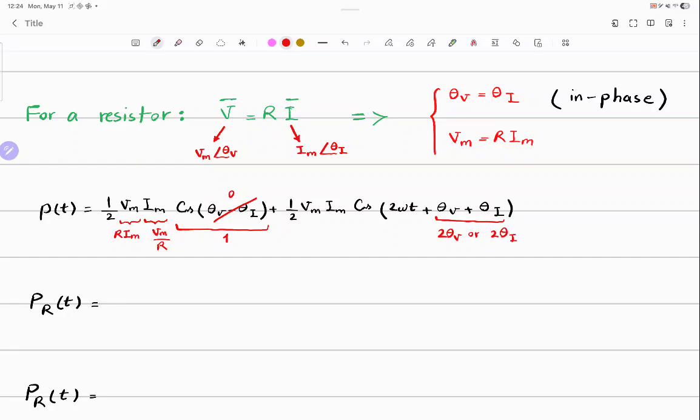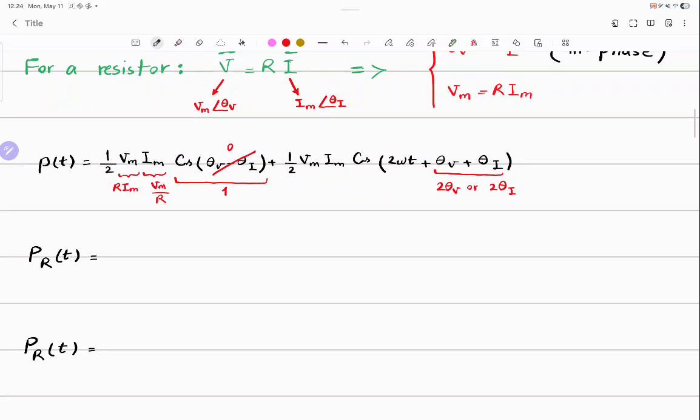Now, I'm going to simplify this equation into two exactly equivalent equations, one based on voltage, one based on current. So let's first focus on voltage. 1/2 Vm squared over R plus 1/2 Vm squared over R cosine(2 omega t plus 2 theta V).